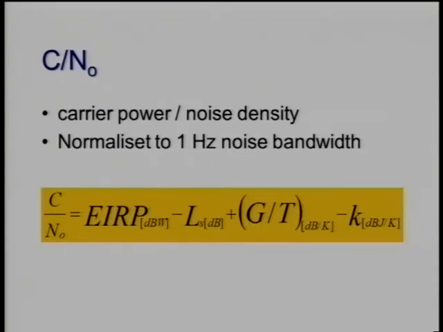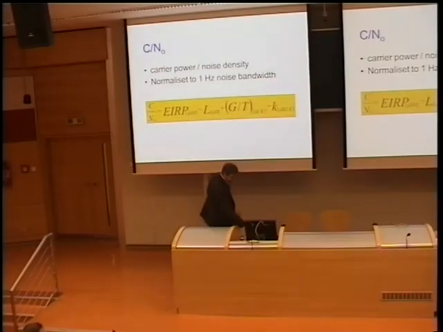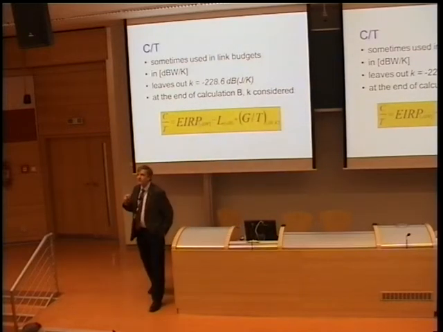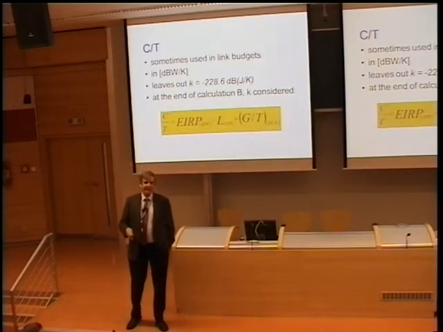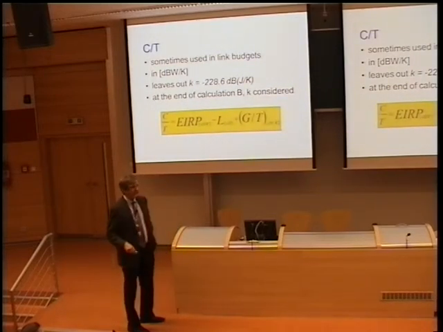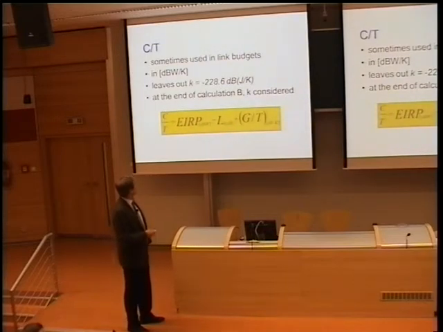So we take EIRP minus all the losses plus the figure of merit, and we subtract the Boltzmann constant, which is expressed in dB joule per Kelvin. So that's the proper dimension. Sometimes you also find an even more strange relationship, C over T, carrier power versus temperature. So basically, we have left out the Boltzmann constant.